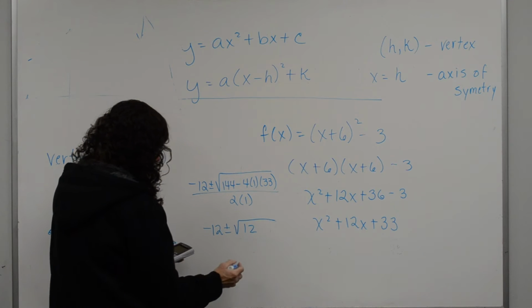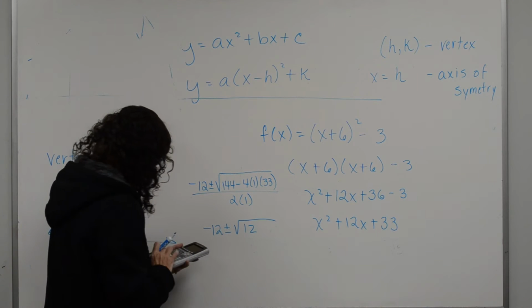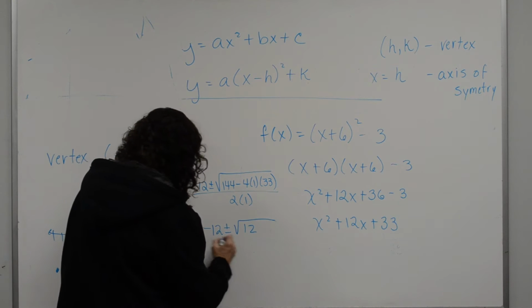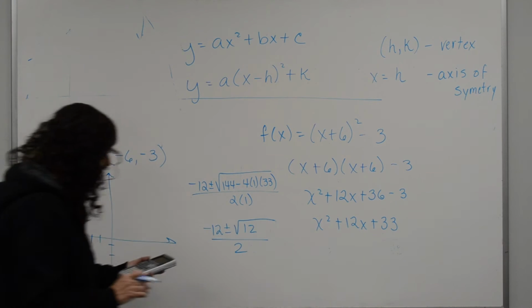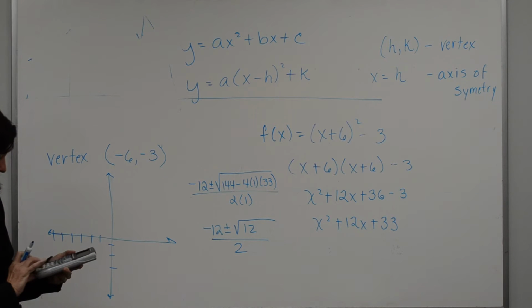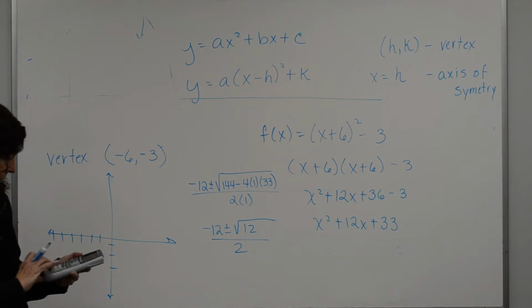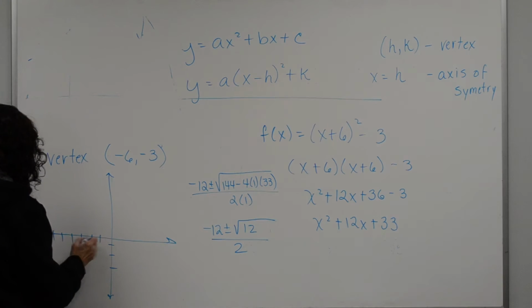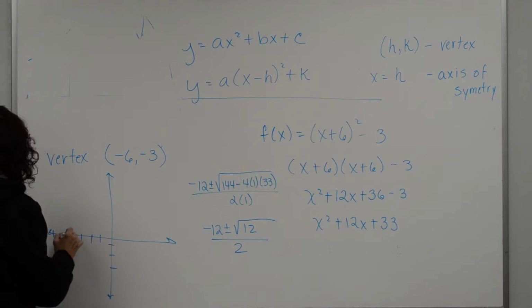So I have 12, right? And over 2. So I'd have to get a value there, so I have negative 12 plus the square root of 12 divided by 2, so I have a negative 4.26, 1, 2, 3, 4, so approximately right there.